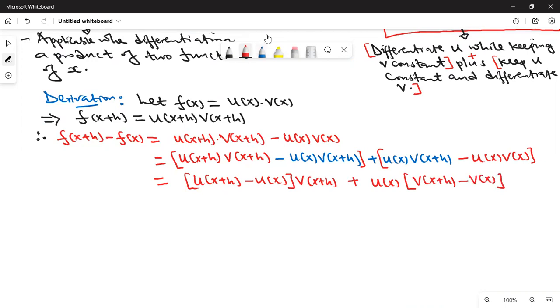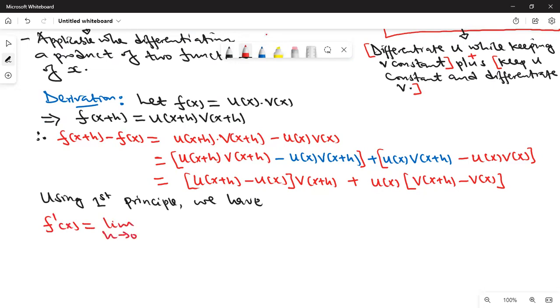So we now use the first principle. We now need f prime of x. F prime of x is equal to the limit as h approaches 0 of f of x plus h minus f of x, everything over h.